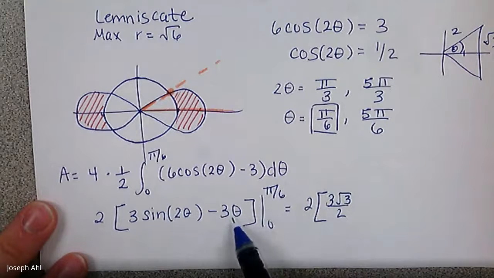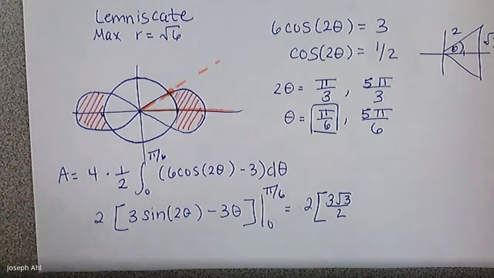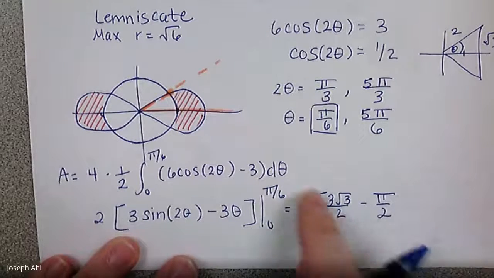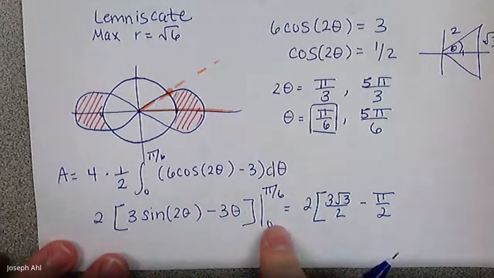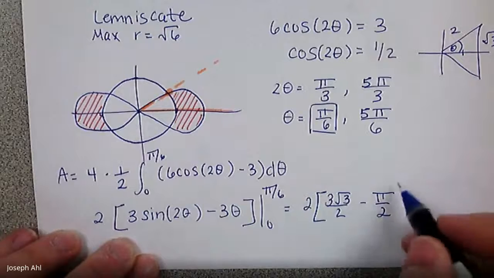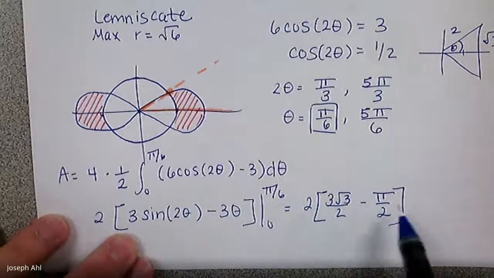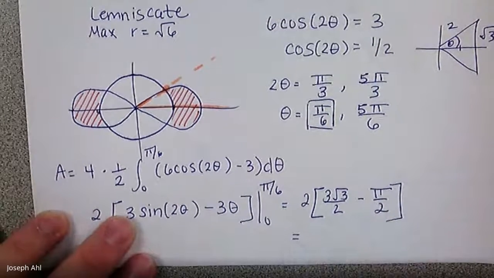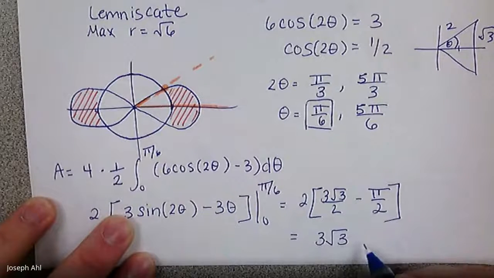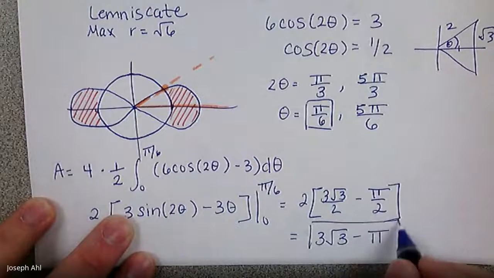Minus 3 theta, 3 times pi over 6 is going to reduce to pi over 2, so minus pi over 2. And that's just plugging in the upper bound. When I plug in 0, these both become 0. Sine of 0 is 0, 3 times 0 would be 0. So if I distribute the 2 across, we're going to wind up getting a total area in the end of 3 radical 3 minus pi squared units.